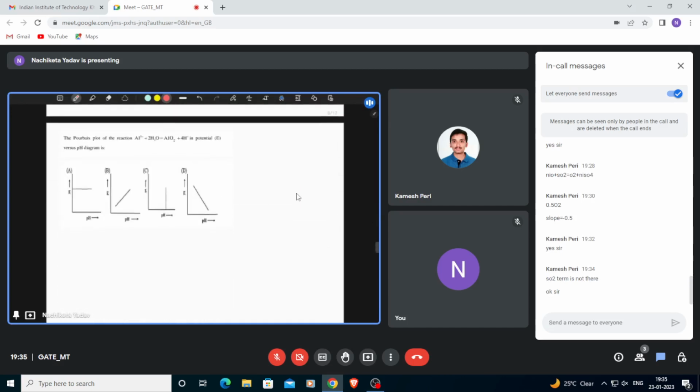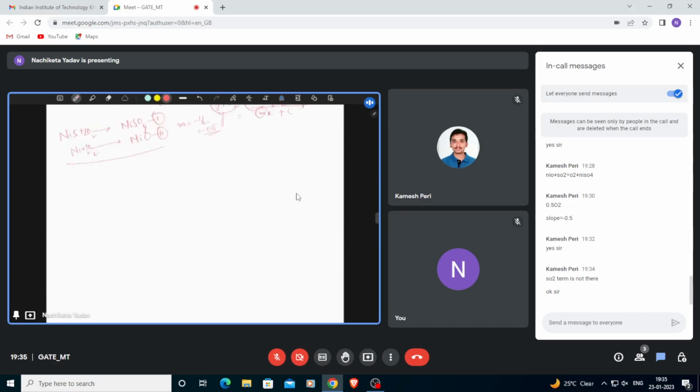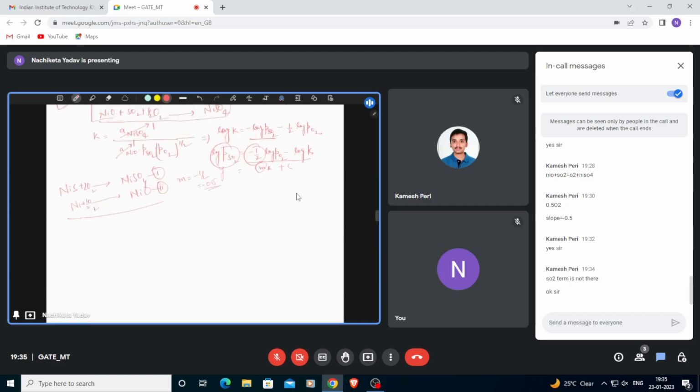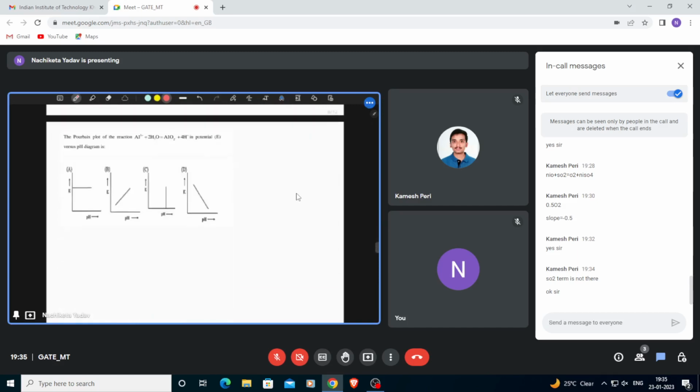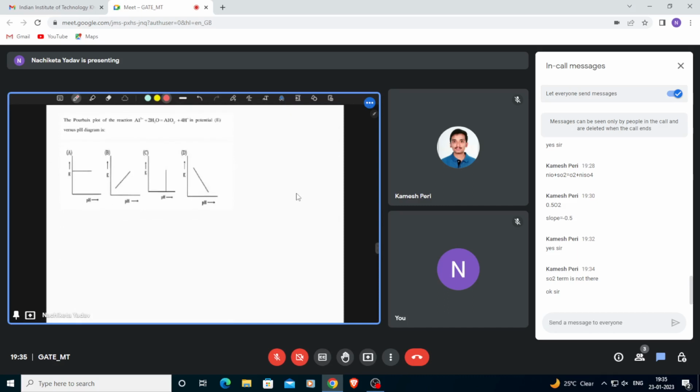Okay, you just told me one thing, that the SO2 term is not there. So can you find this one for the Pourbaix diagram? It is a similar question, means based on the same concept you can tell. That's why I have given this one.